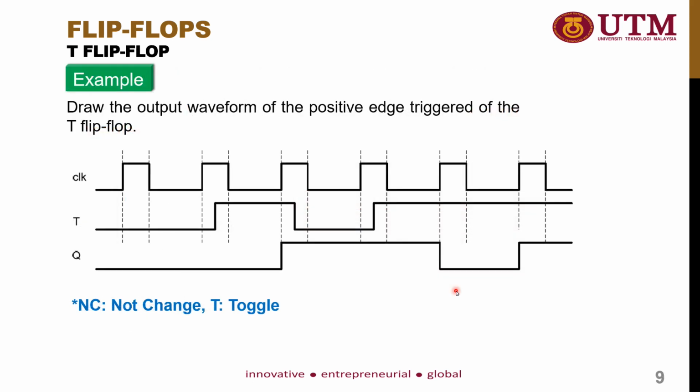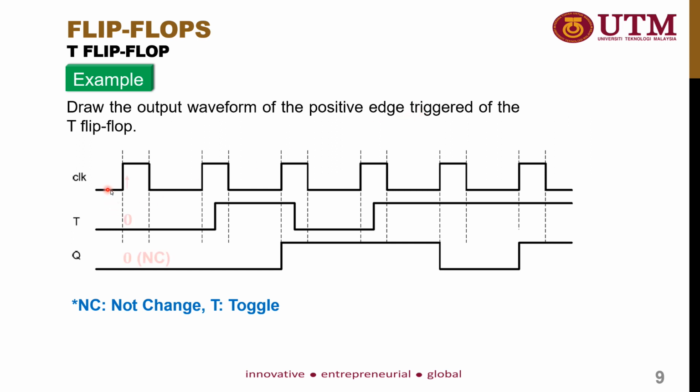Okay, so this is the example where you need to draw the output waveform of the positive edge triggered T flip-flop. For this example, it is already mentioned that it is positive edge triggered, so you need to observe at the rising edge of the clock.